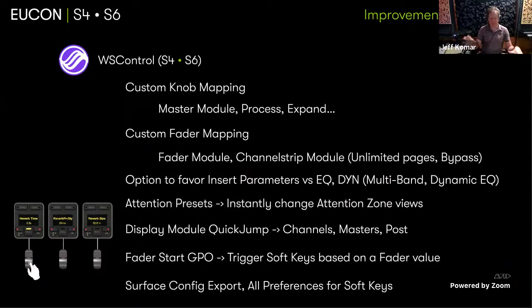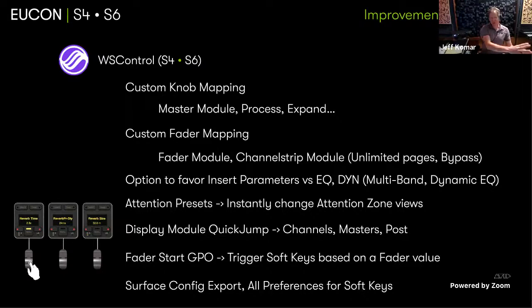We're going to spend most of our time with the practical, actually showing custom mapping, both knobs and faders, because it is the number one feature people have been asking for a very long time. So happy to take you guys through that and show that. But in addition to that, there's some other great stuff in here. The ability to quickly change what you see in your attention knobs and faders on the desk.